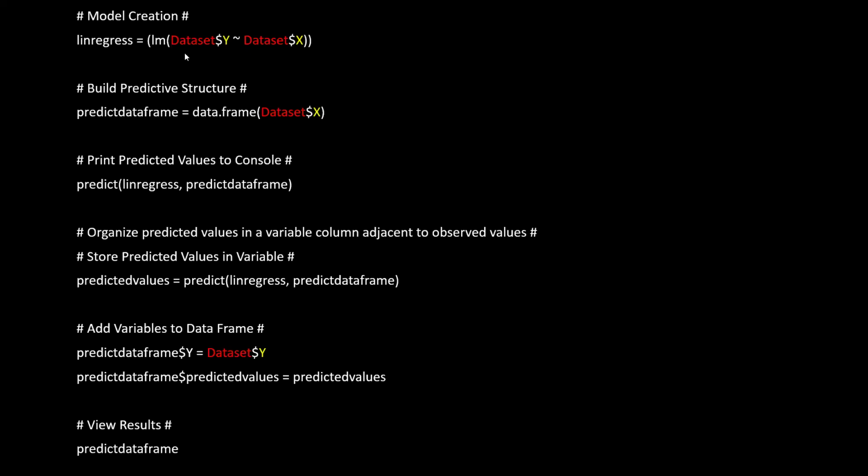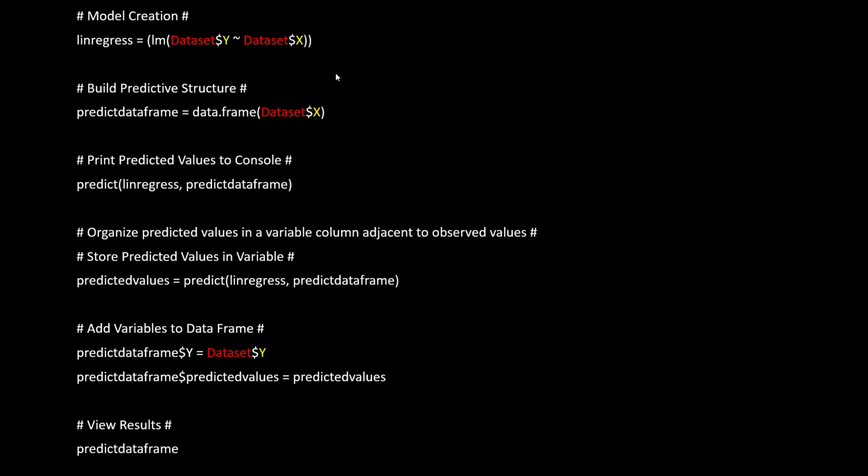So you'll have to create the model again. Function lm is going to build the model. You're going to need to specify the dataset name and then use the $ to specify the dependent variable and independent variable within the equation.